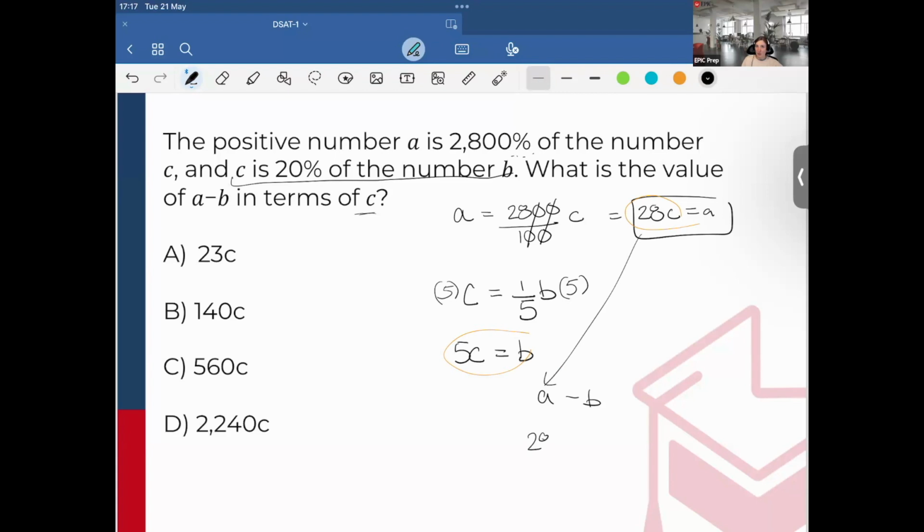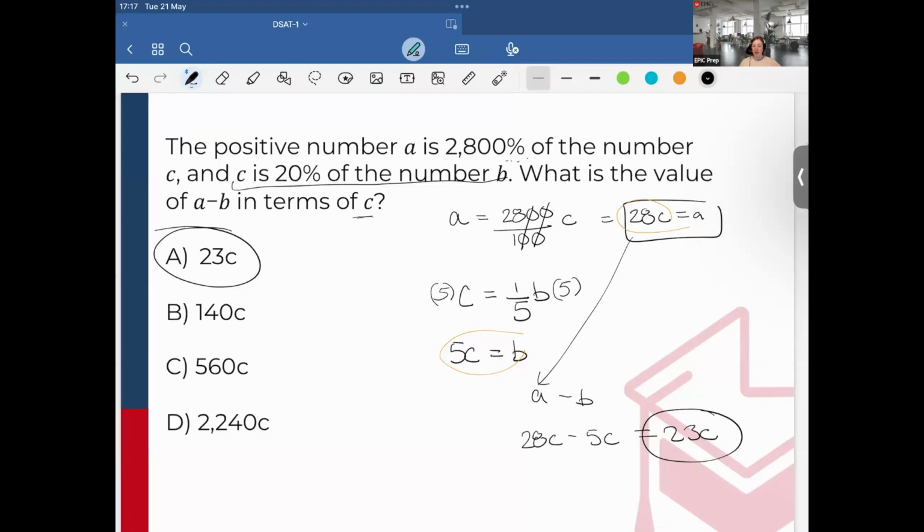So this would be 28C minus 5C, which is 23C. And that looks just like 23C for correct choice A. Okay, so I've seen a couple of those come up on the exam.